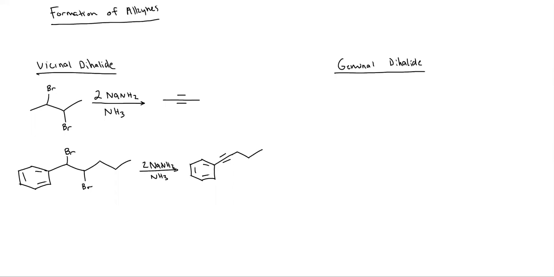Another thing we can do is use geminal dihalides to form these as well. So I'm going to use this geminal dihalide. One way to do it is to use 3 equivalents of NaNH2 with some heat.